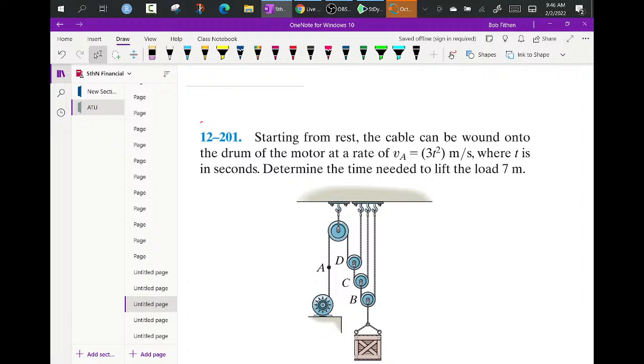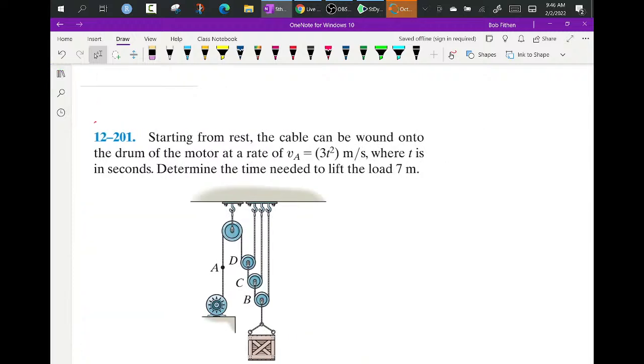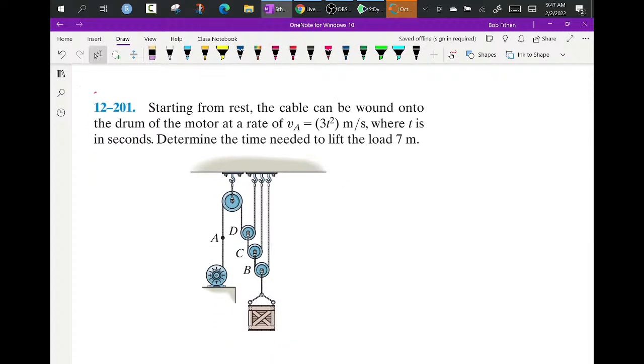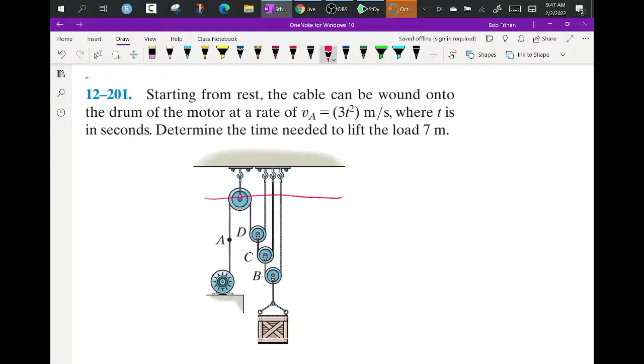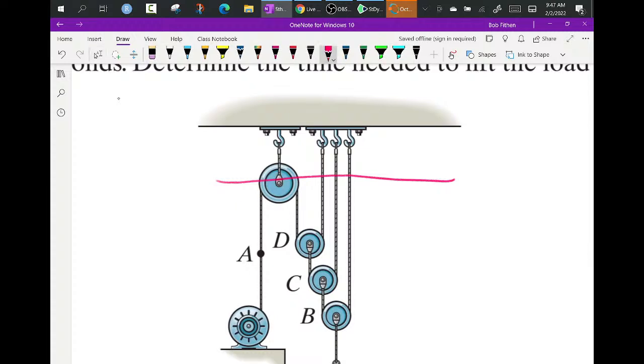Okay, so this is a case in which he's given you, first of all, it looks like I got 3 ropes. So when he has a motor sitting here, he generally puts a dot on it.